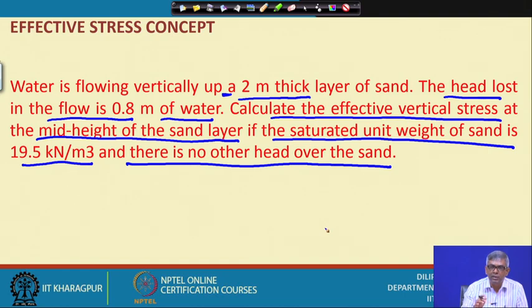At the mid height of the layer we can calculate the effective stress under the normal no flow condition, and because of this flow condition with that much head, what is the additional effective stress change, that is to be subtracted, then I will get the actual effective stress acting in it. Okay. So, let me do that.